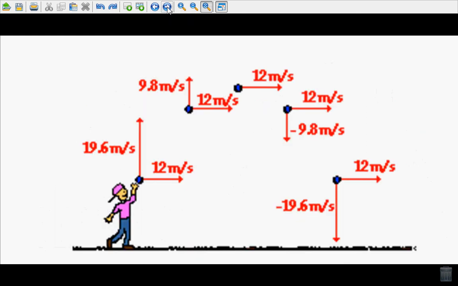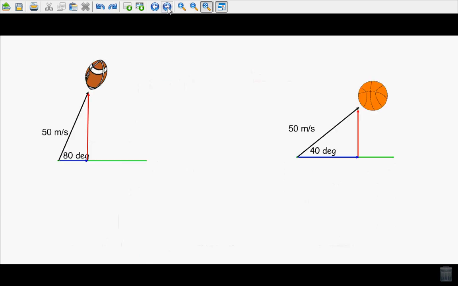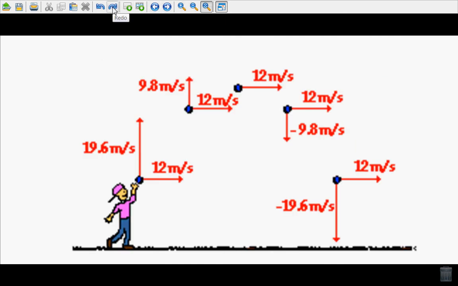Let's take a look at this example of the two types of motion we would see. I'm going to add some arrows here to identify the angle of the movement of the ball until it hits the ground. So this angled motion is a component of both the vertical and the horizontal velocities.